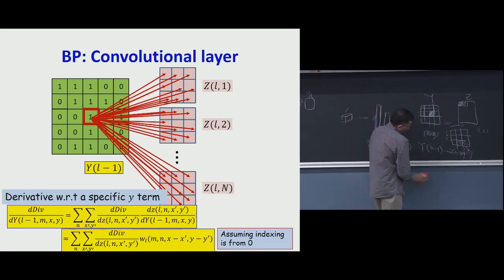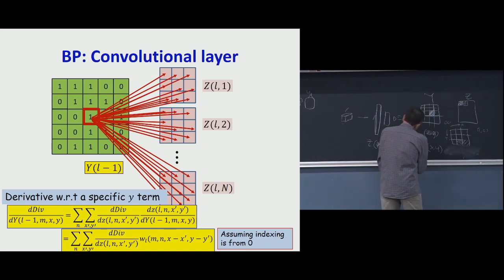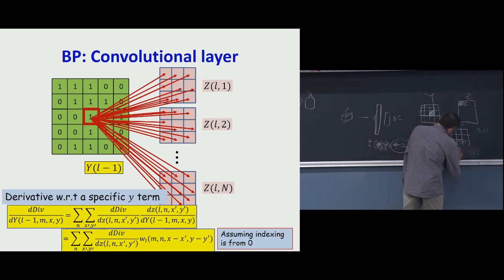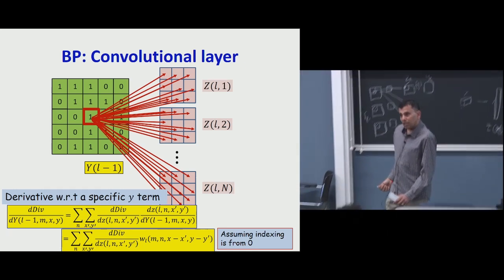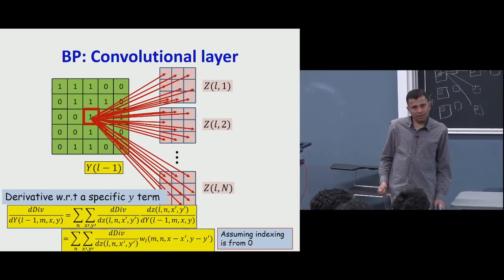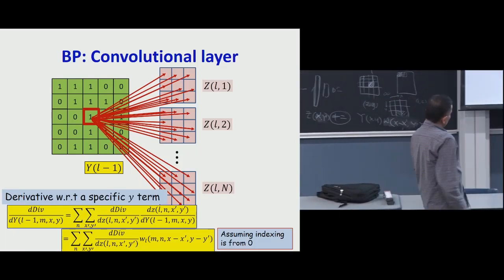Z x prime, y prime is going to be dependent on y xy times w x minus x prime, y minus y prime, right? This is the product term that actually contributes to the z. Clear, right? So that's basically what we have now.